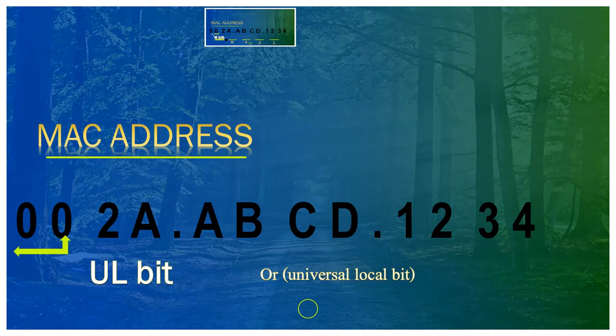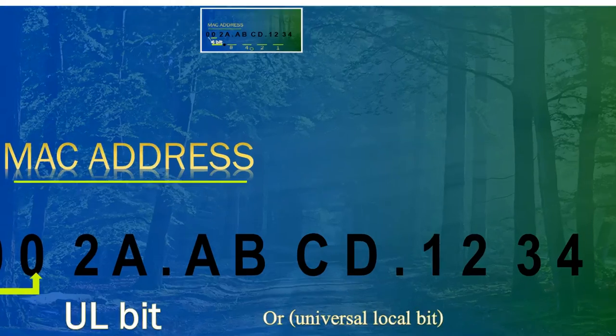If the 7th bit that resides on this 0 is turned off, it means that this MAC address is universally unique, meaning there won't be another MAC address like this in theory. But if this bit is turned on for any reason, it means the MAC address has been tampered with, or that address has been assigned locally.